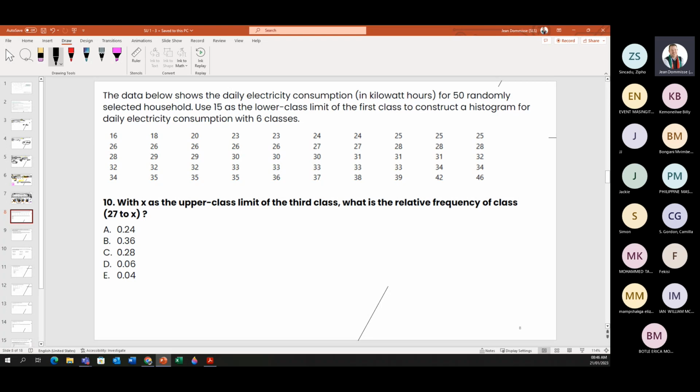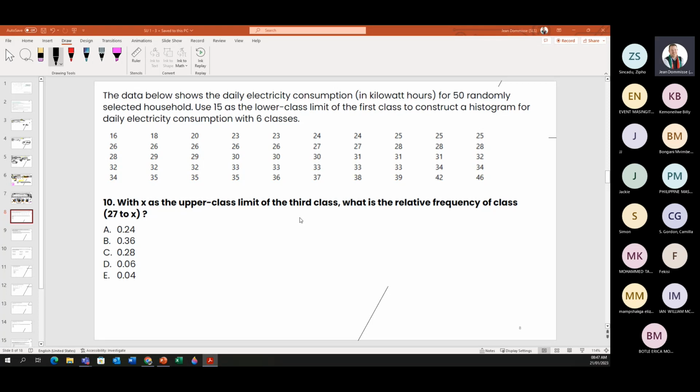With X as the upper class limit of a third class, what is the relative frequency of class 27 to X?